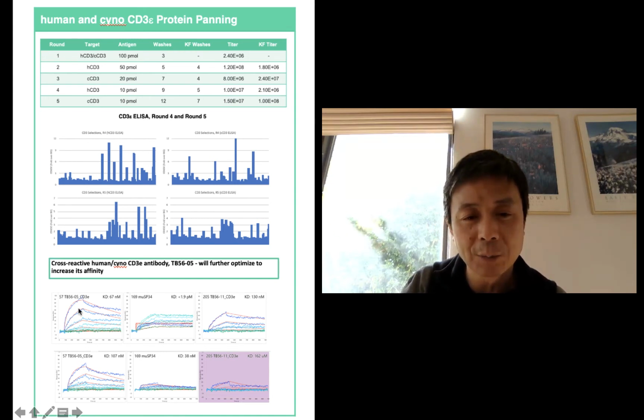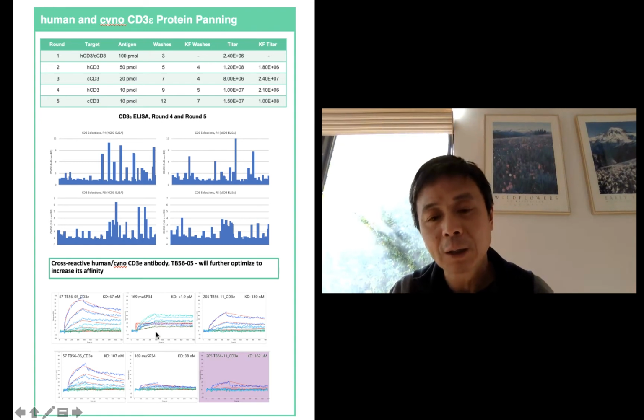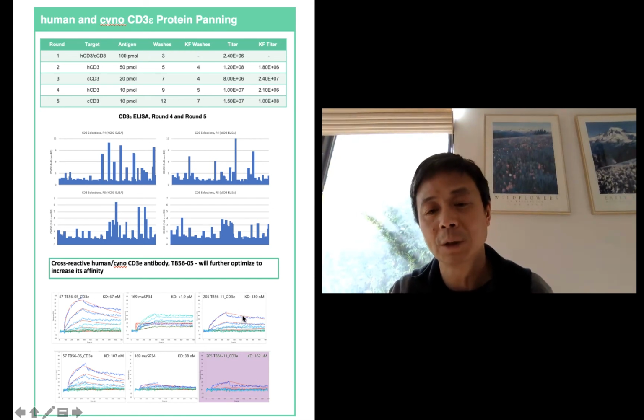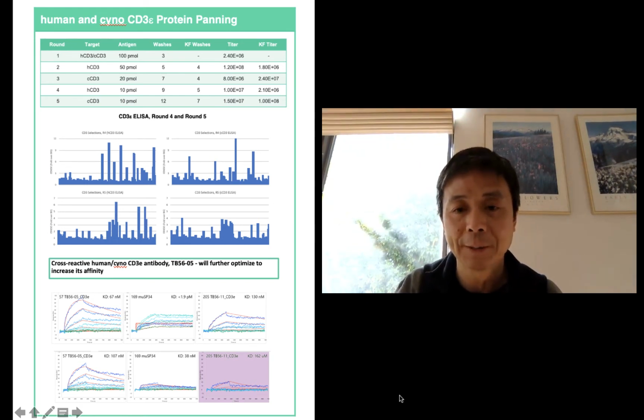This one is human CD3 and cyno CD3, and this is one of the controls, murine SP34. As you can see, it shows very weak binding affinity to both human and cyno CD3. Another clone binds only human CD3, with a 130 nanomolar affinity and almost no binding to cyno CD3.